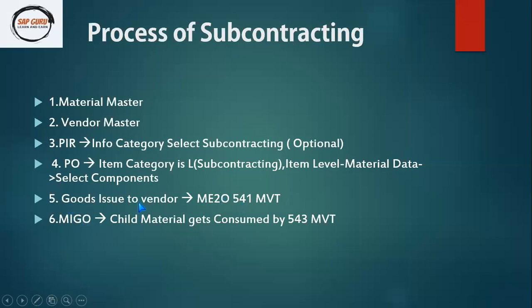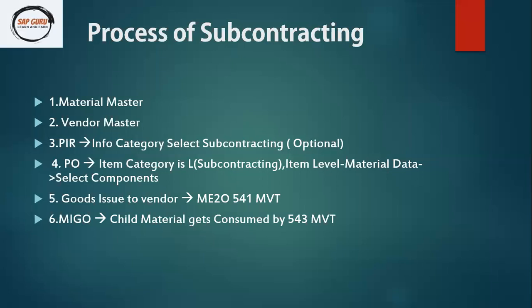Once the goods issue is done through SAP, then physically we move the stock from our premise to the vendor's premise, or the subcontractor may take care of transporting the goods on his own responsibility, or maybe we are going to supply the goods to his premise. Once the final product is ready, he will supply the goods back.